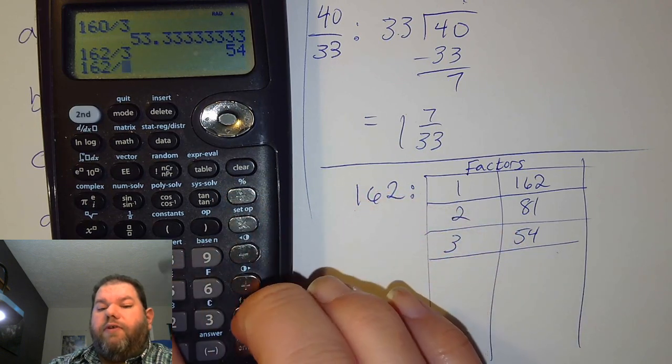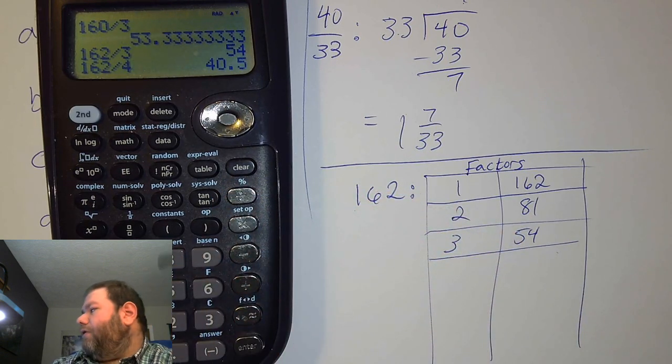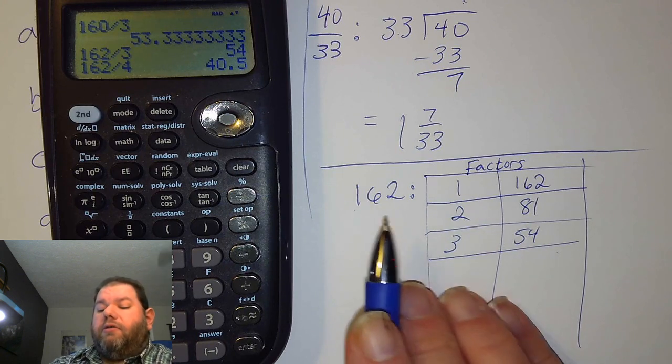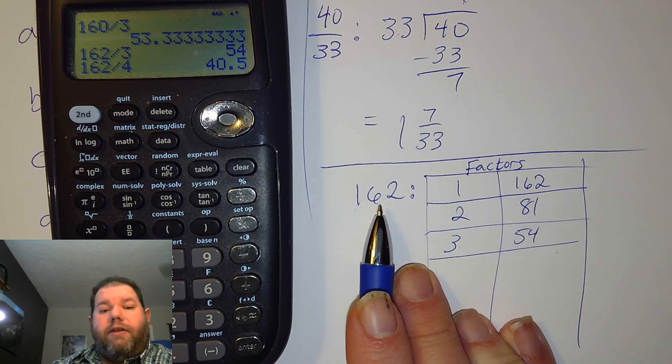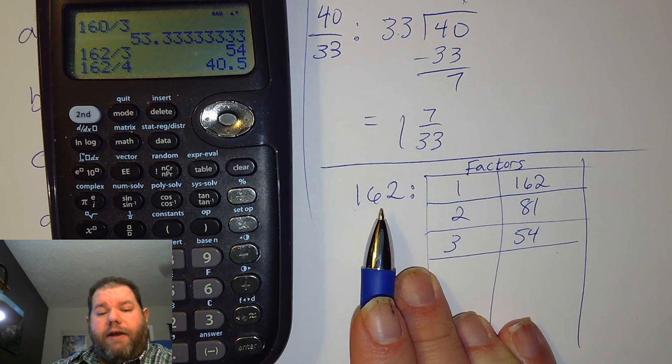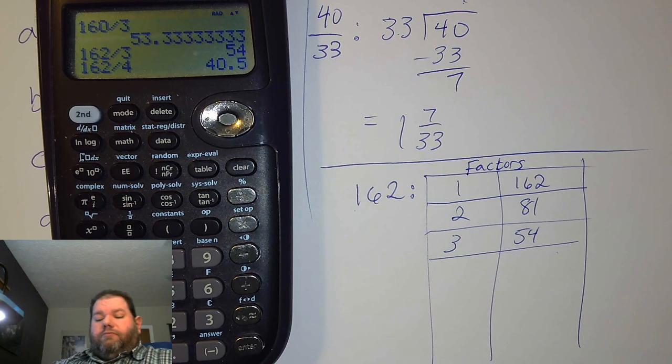If we try 162 divided by 4, notice that it does not come out to be exactly a whole number, so 4 is not a factor. Is 5 a factor? How do we recognize if 5 is a factor of a number?